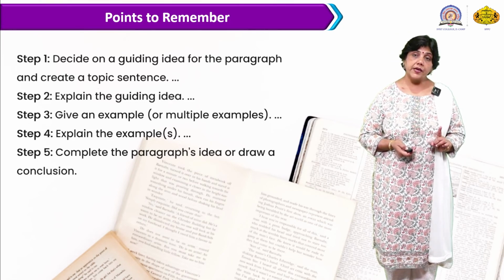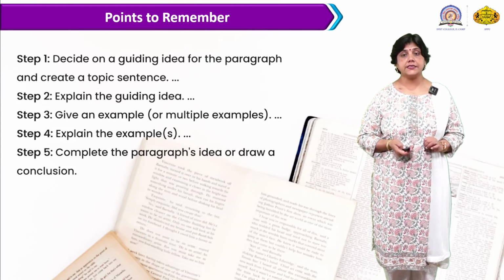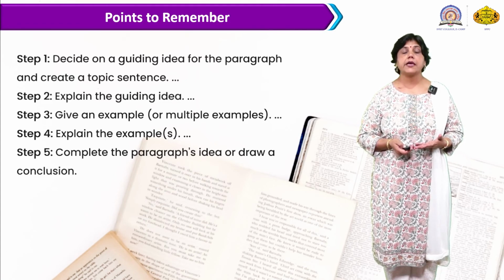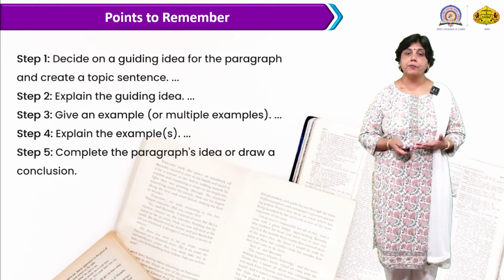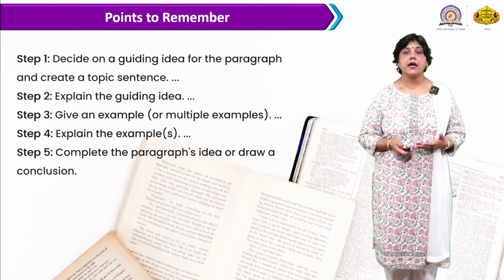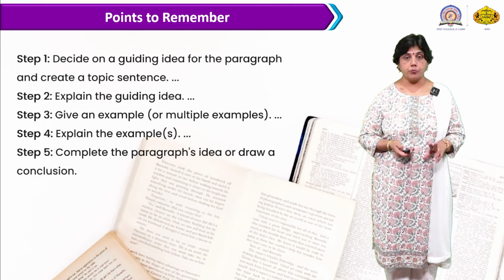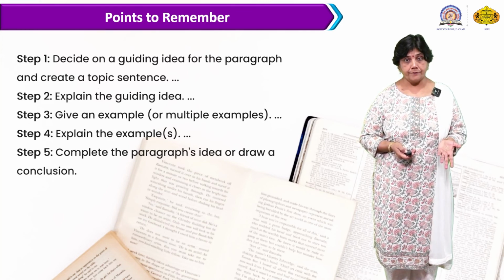Second, explain the guiding idea. Third, give an example or multiple examples. Fourth, explain the examples. And last, complete the paragraph's idea and draw a conclusion. These are the important points to remember while writing a paragraph.